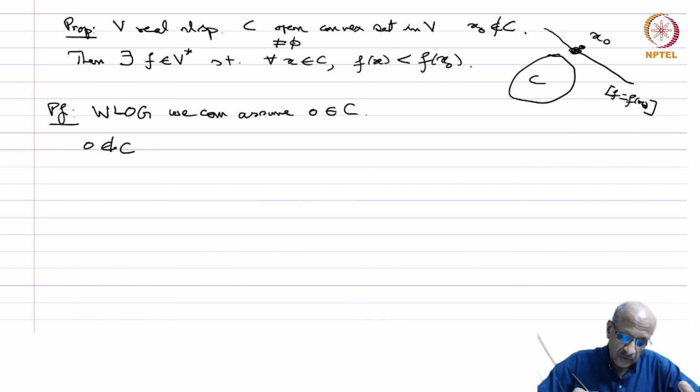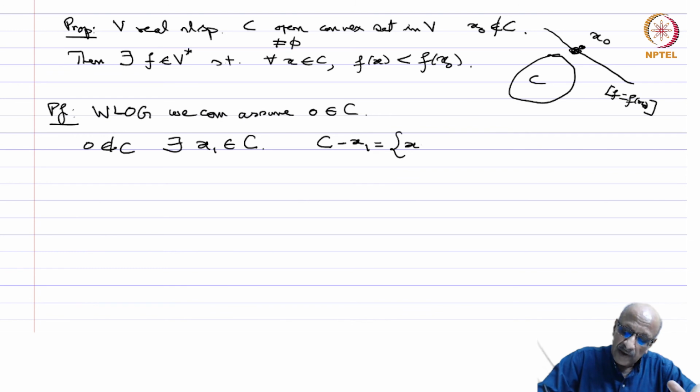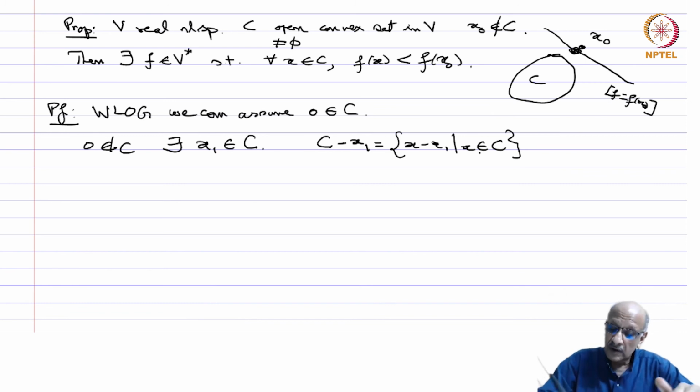Therefore there exists some x1 belonging to C. So now you consider the set C minus x1. So what is this? The set of all x minus x1, x belonging to C. This is the algebraic difference, not the set theoretic difference.